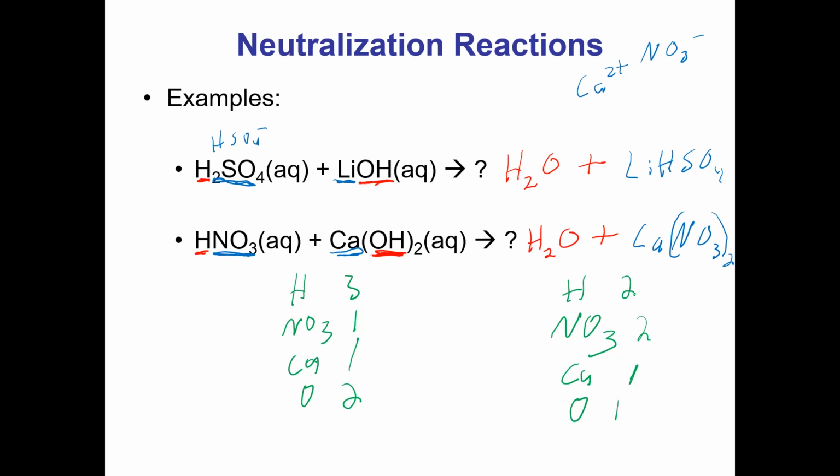So I need to balance the hydrogen and the oxygen. If I put a 2 here, that gives me 4 hydrogens and 2 oxygens. And then I also need to balance the nitrate, so if I put a 2 here, that gives me 2 plus 2 is 4 hydrogens, and that gives me 2 nitrates. So now everything is balanced.